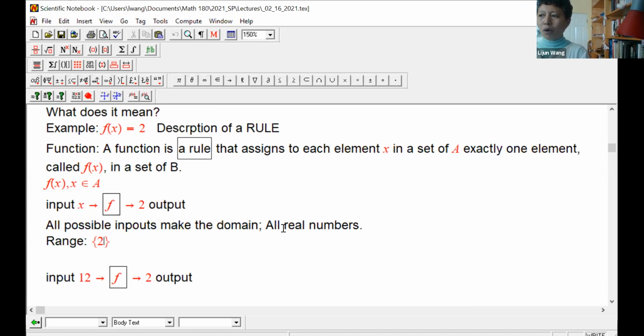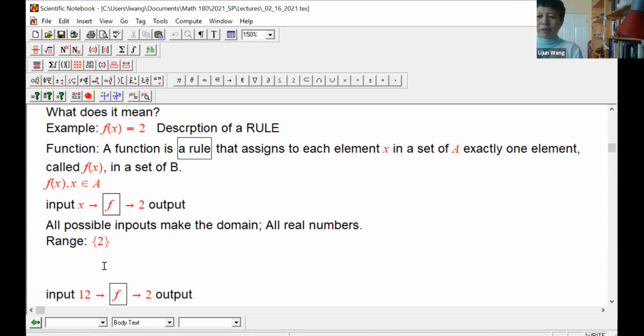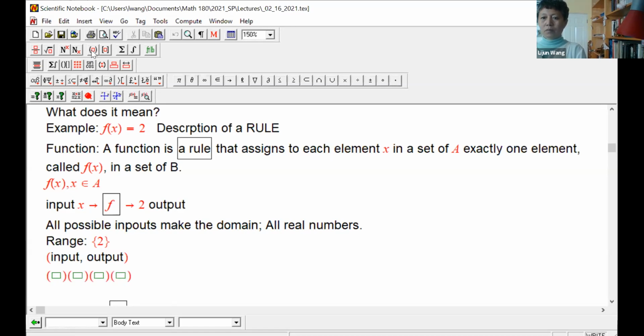If we run through all possible real numbers, what kind of pair of numbers can we get? If we pair up the input with output, just like we did with the stock market graph, right? So what kind of point are we getting?